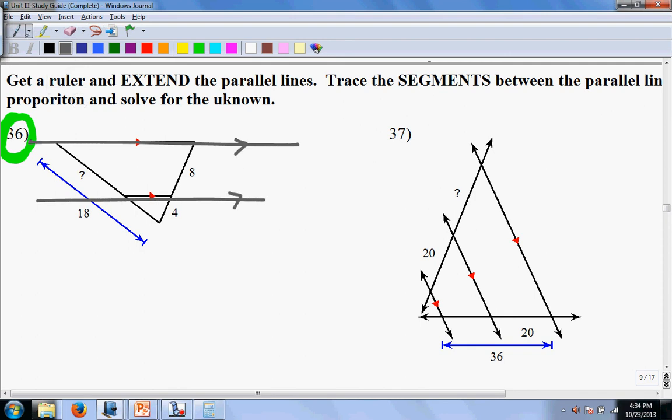And now your eyeballs are going to be focused on these pieces here. Okay? The name of the game is match and mirror, match and mirror, match and mirror. So we're going to make a proportion here. And our unknown is right here. We call that x.